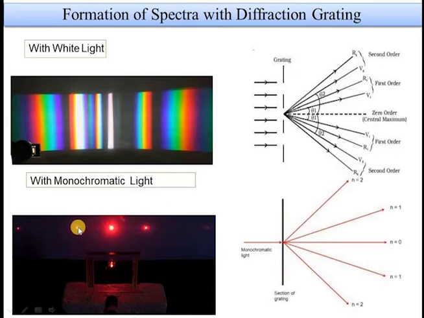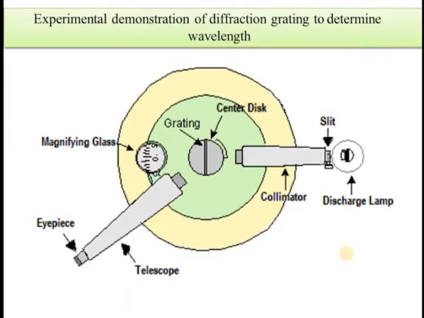Central maxima, principal maxima of first order, second order on either side. Okay, this is very important. This gives a depiction of the results that we are going to get using white light and using monochromatic light with the help of a diffraction grating.